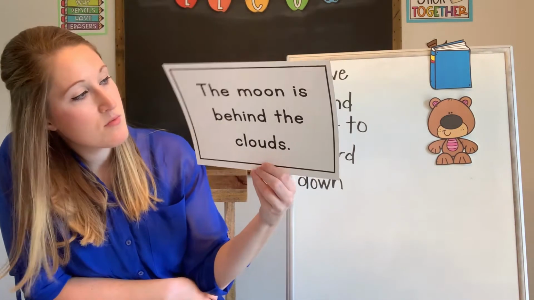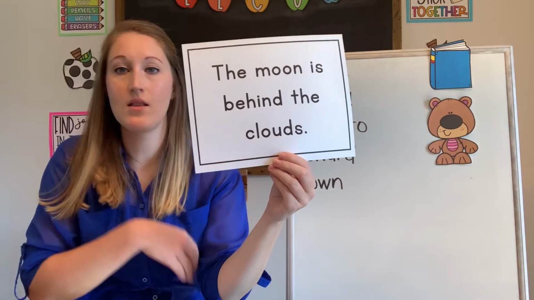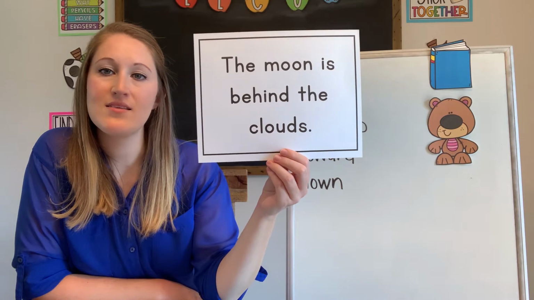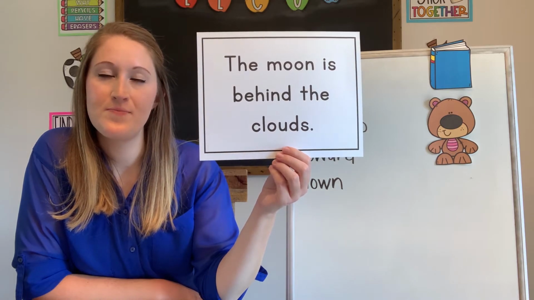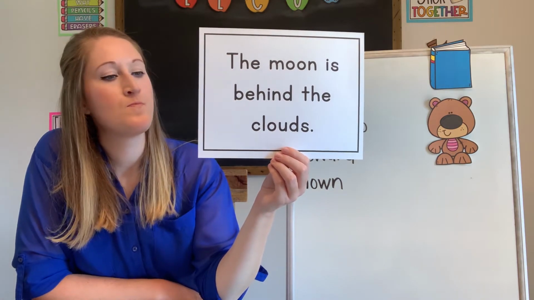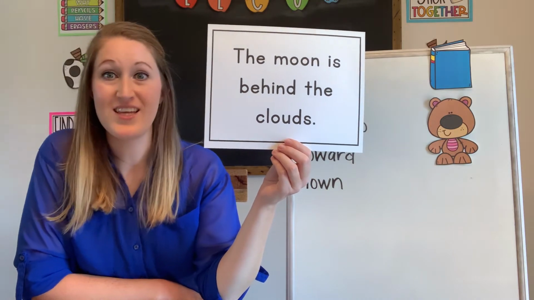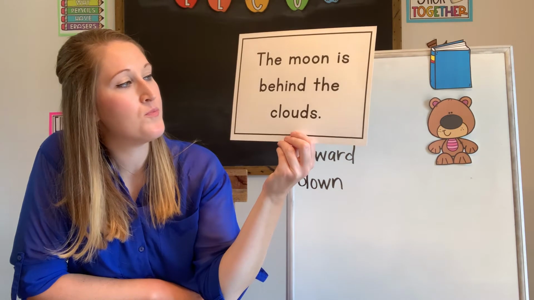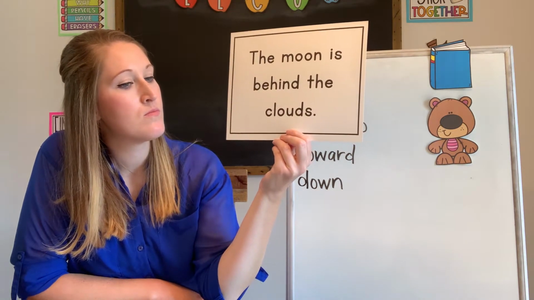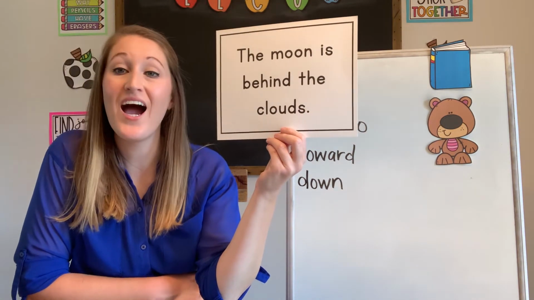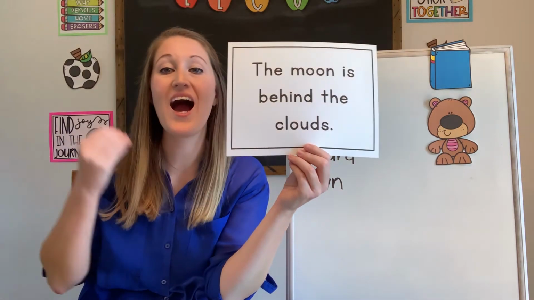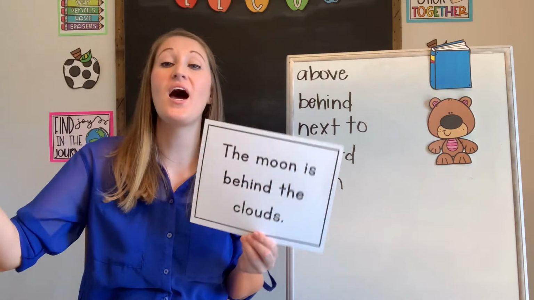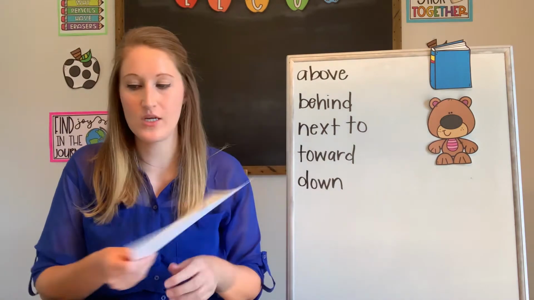The moon is behind the clouds. Well, we see the word moon, right? That's a noun, it's a thing. Now what do we know? Good, behind, right? The moon's what? It's behind the clouds. We're showing that location. Where is it? Behind the clouds. Very good.